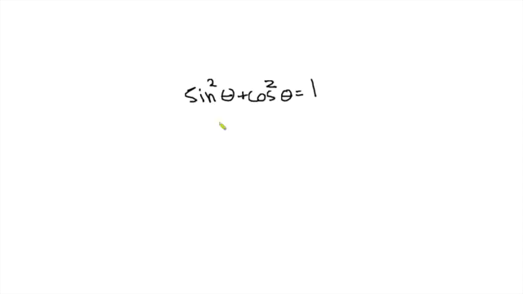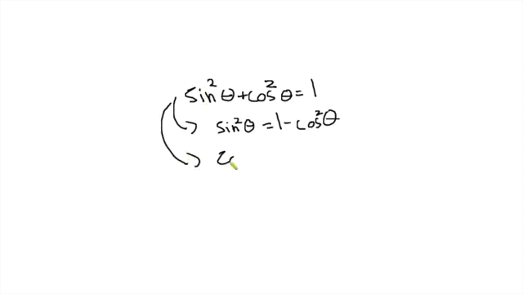So you could derive from this, sine squared theta equals 1 minus cosine squared theta. Here we subtracted cosine squared from both sides. Or what if you subtract sine squared from both sides? Then you get cosine squared theta equals 1 minus sine squared theta. So you may see one of these on the test.